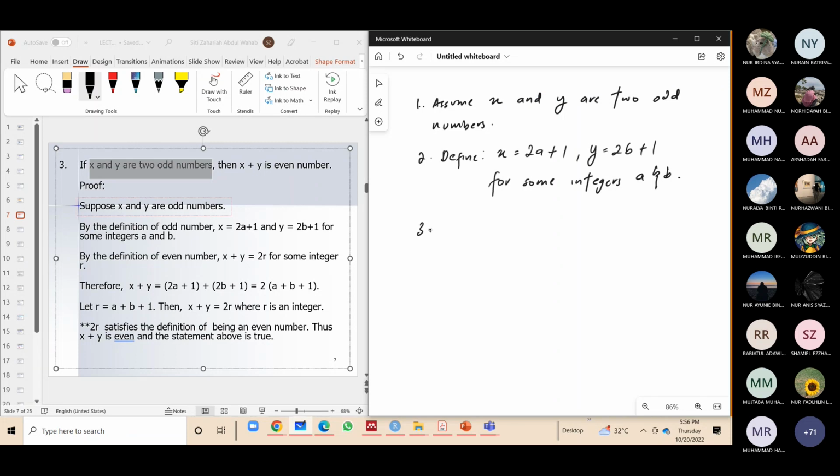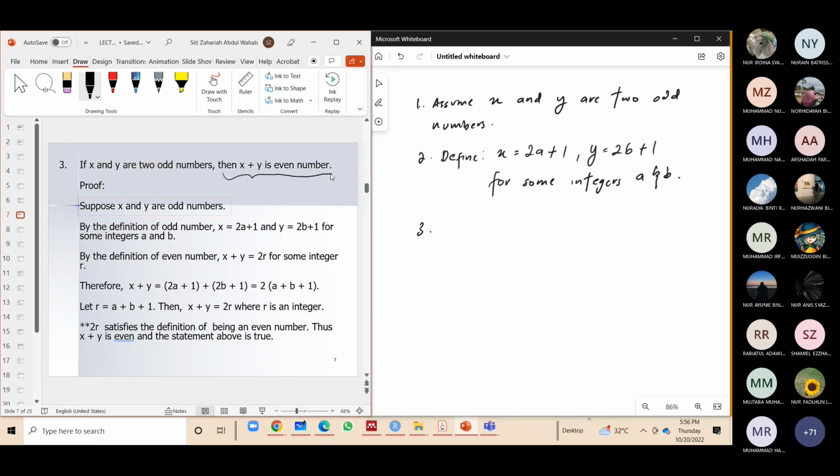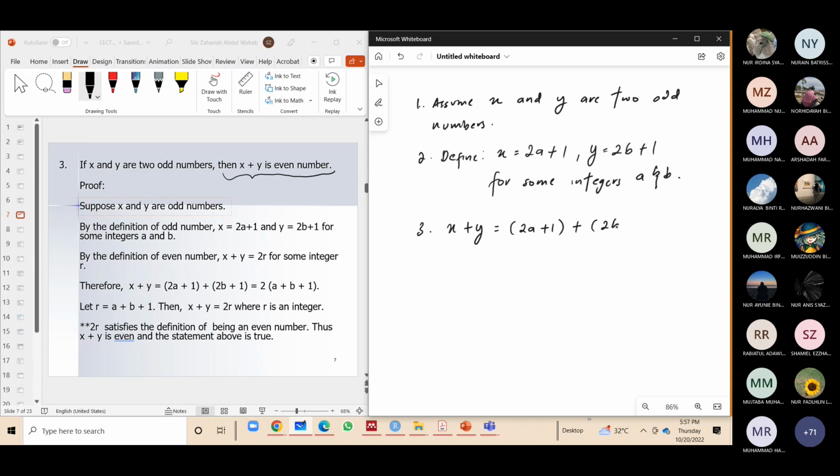Then proof. We want to prove that x plus y is an even number. So x plus y equals, okay, x we defined as (2a plus 1), put the bracket, plus, for y, we defined (2b plus 1).